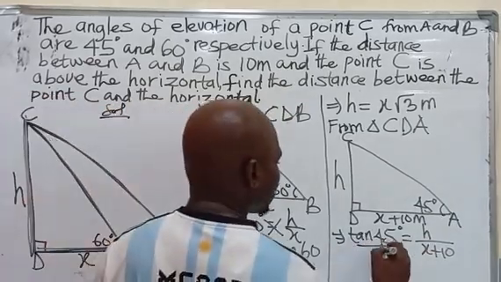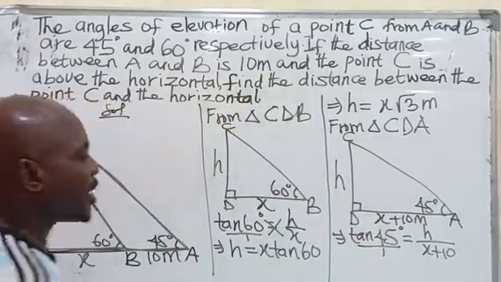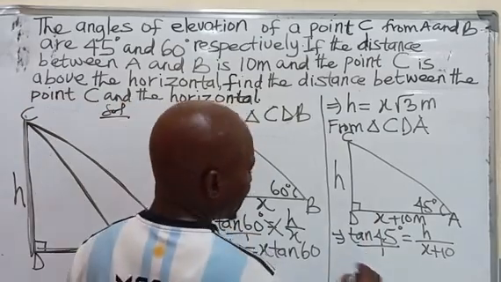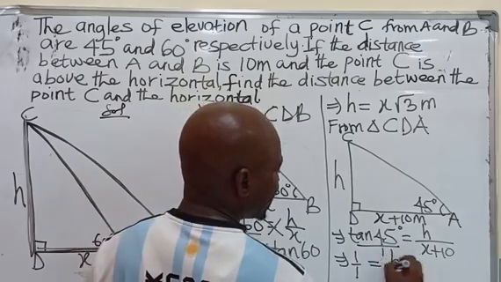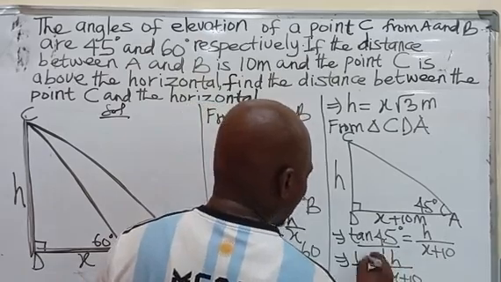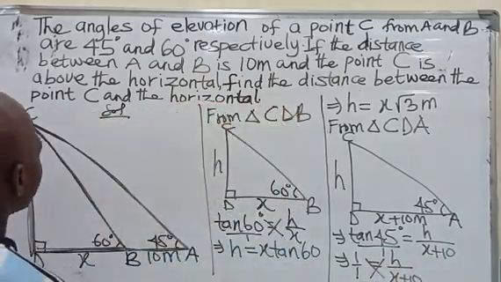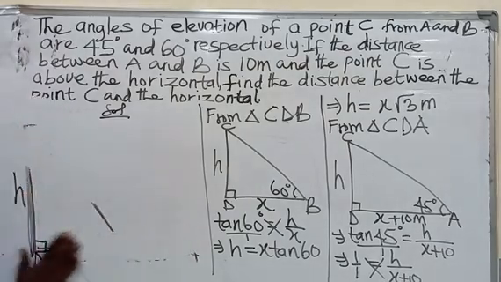Again, if I cross multiply. Now this tan 45 is 1, which means that I have what? 1 over 1 is equal to H over X plus 10. If you cross multiply, since we are working with our object, let me clean it.